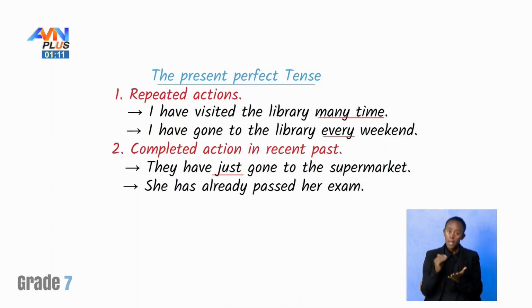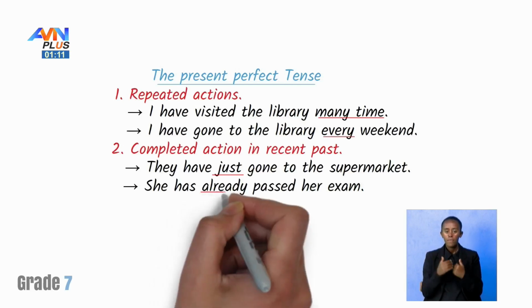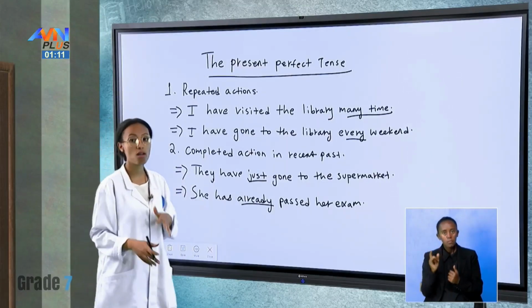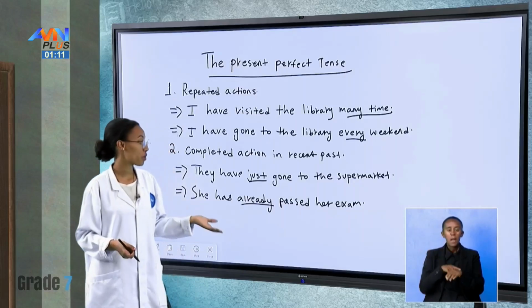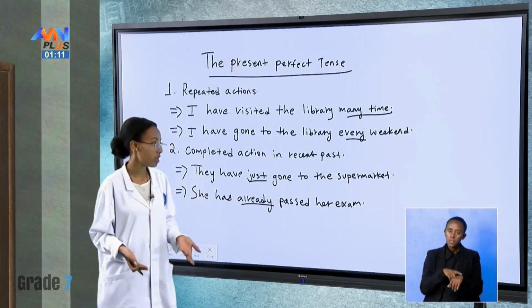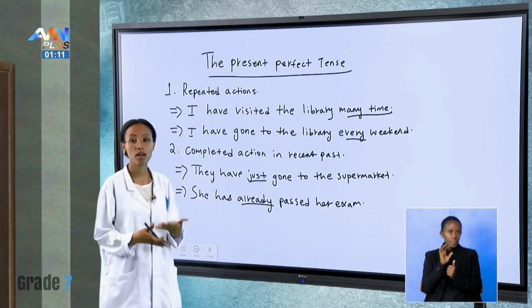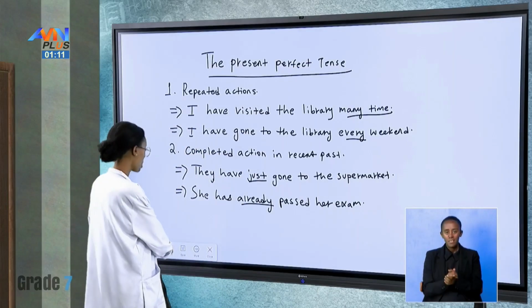Again, we have what? Already here is also a common time expression that is showing us a time. So already passed her exam. So it is very recent to the present, even though the action is completed.